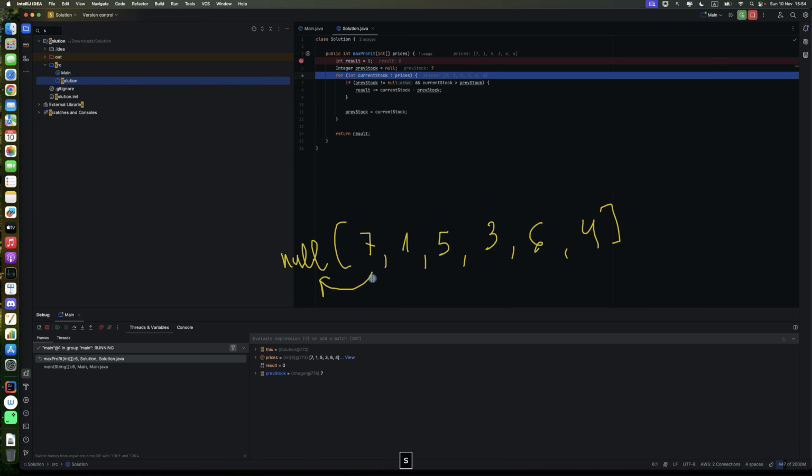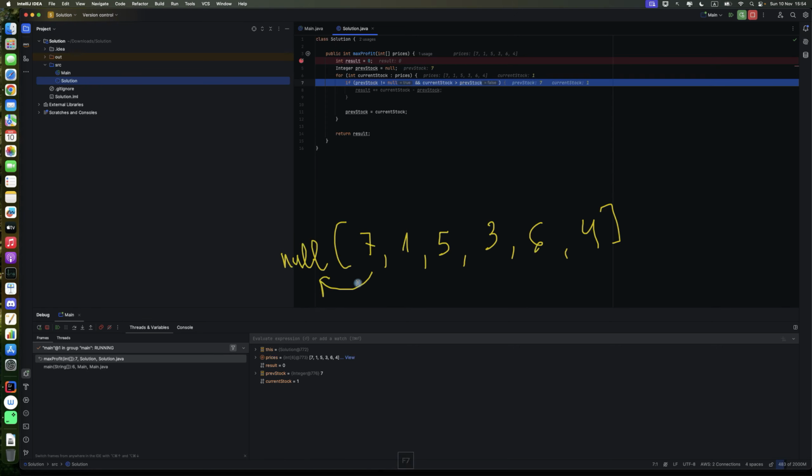Now the previous stock is 7, right? Then we proceed and we can see the current stock is 1. And we will not enter the if block because we check, hey, is the current stock 1 bigger than 7?